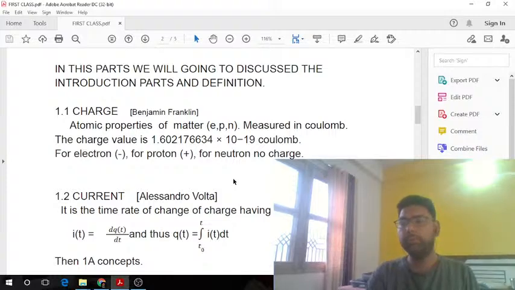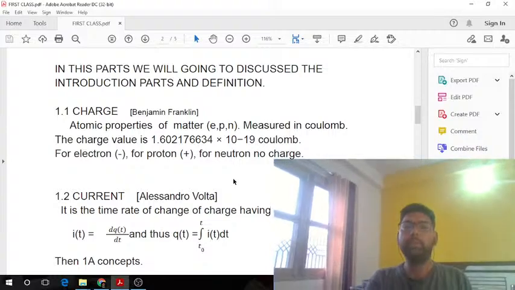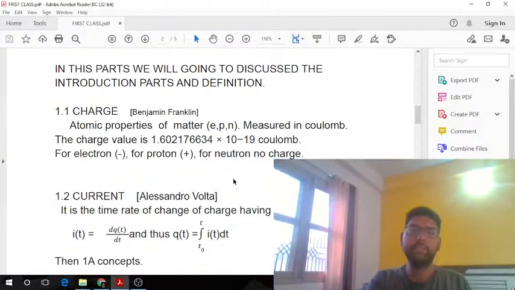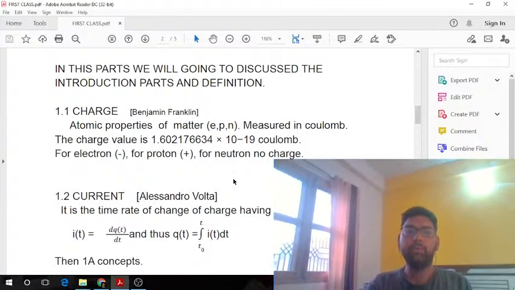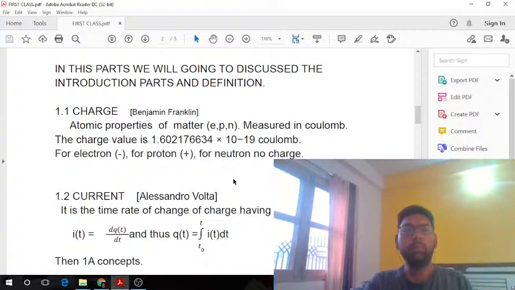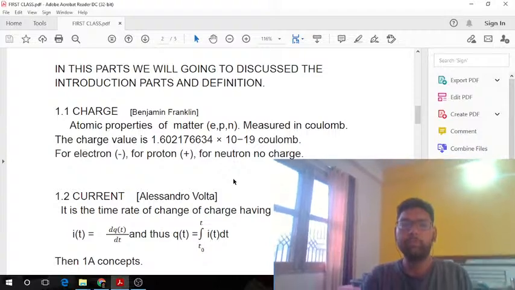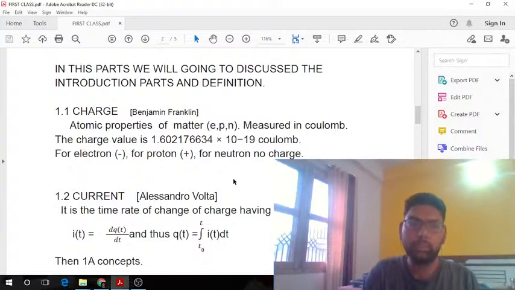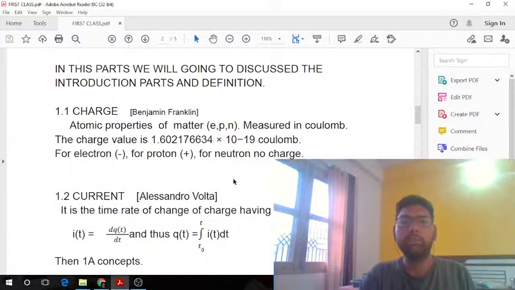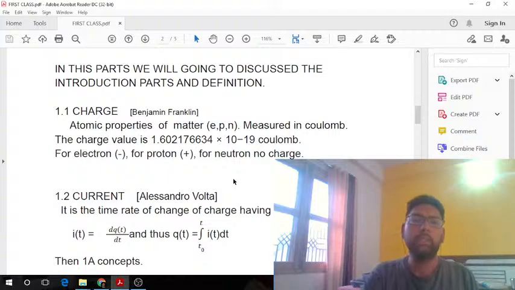If some of you are preparing for IIT, NIT admissions for your BTech courses, everything is okay. We will start from scratch to the level of what a network is. The charge concept is given by Benjamin Franklin.